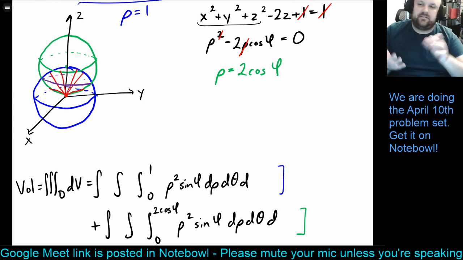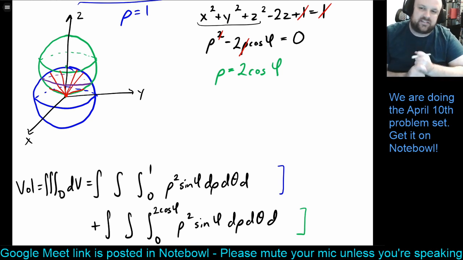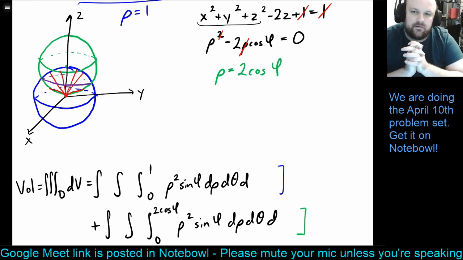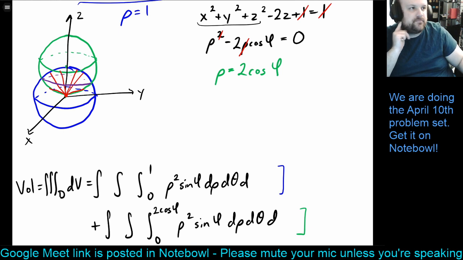Think about the shape of this intersection, of this solid, and what makes sense for the bounds on theta.